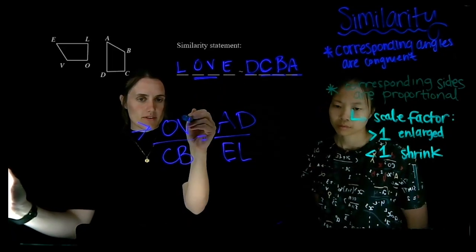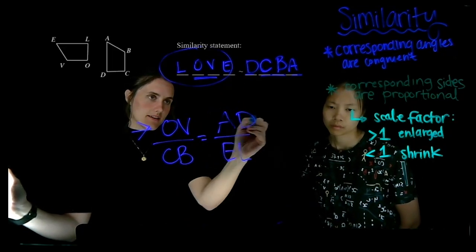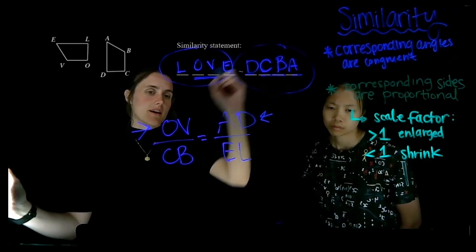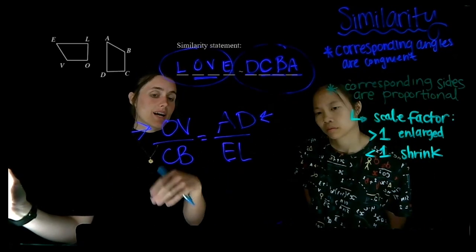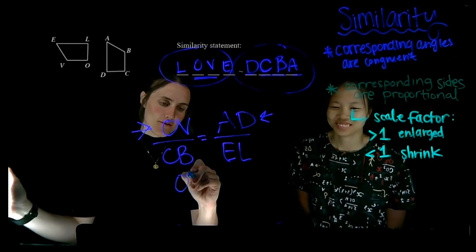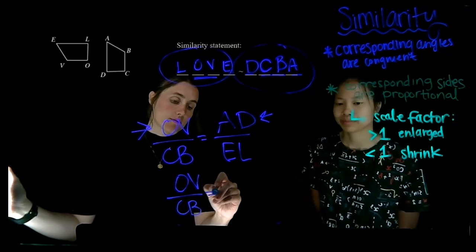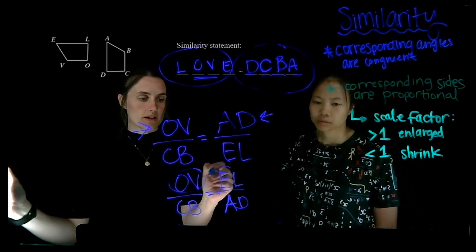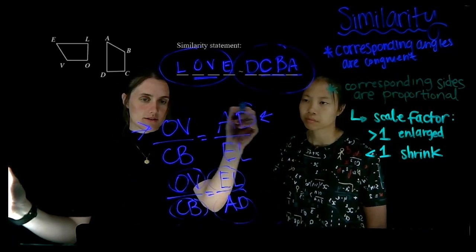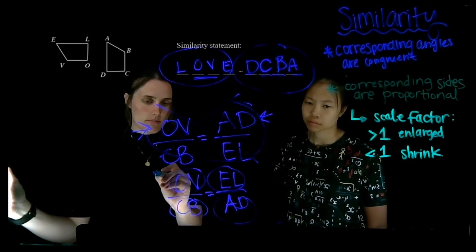Notice the top of this fraction is from this figure, and the bottom of this fraction is from the other figure. In order for this to be true, we have to be consistent with how we write this. We'd have to switch one of them. So we could say OV over CB is equal to EL over AD. We just have to be consistent with which figure we have on top and which one we have on bottom. So this statement is not true, but this one does work.